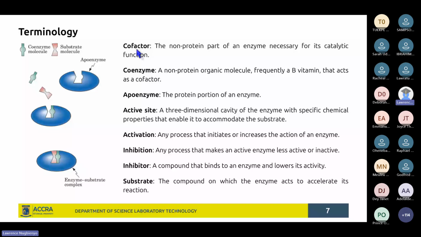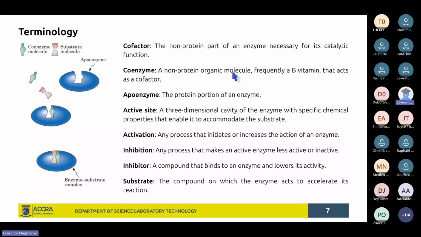Now, even though in biochemistry books the terms cofactor and coenzyme are sometimes used interchangeably, there's actually a distinction between these two. Usually when coenzymes are being referred to, they are also non-protein, but they are organic molecules. They are not metal ions. These are organic molecules.